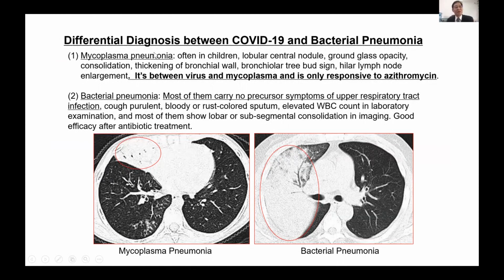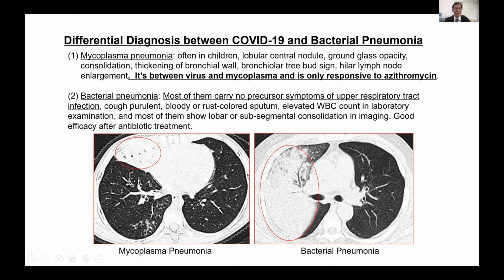Other differential diagnosis between COVID-19 and bacterial pneumonia. For example, Mycoplasma pneumonia lies between a virus and a bacterium and is only responsive to certain medicine.